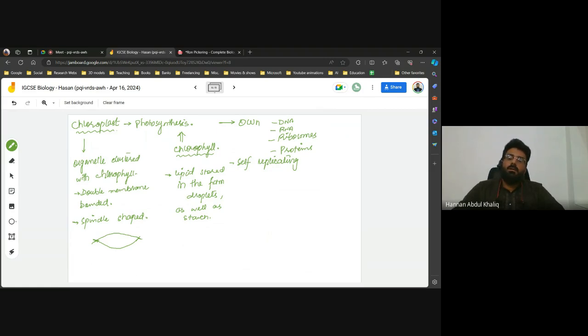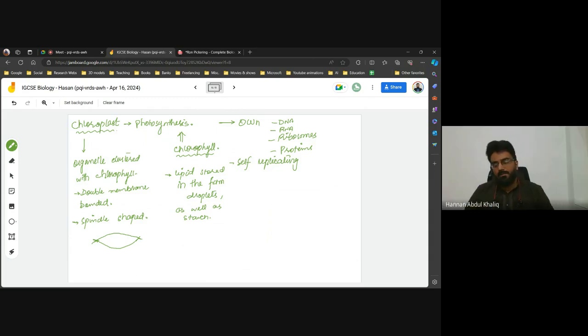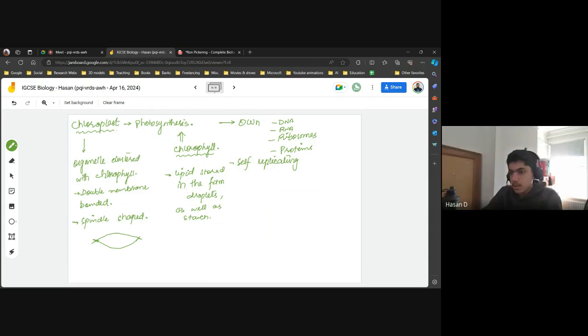what are the similarities between chloroplast and mitochondria. So can you name the similarities between chloroplast and mitochondria?